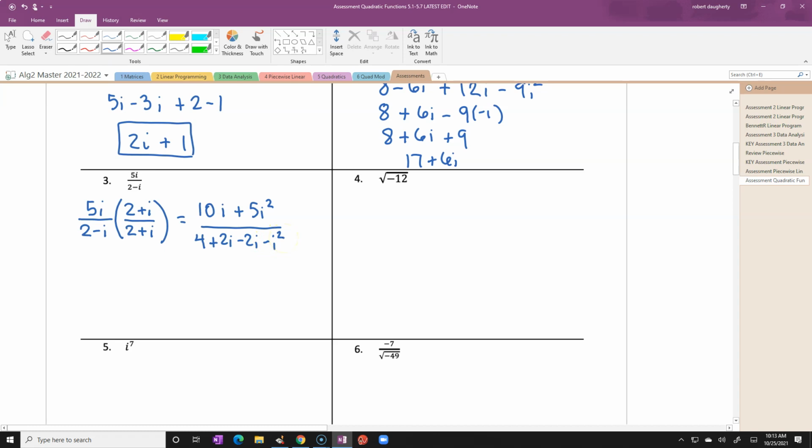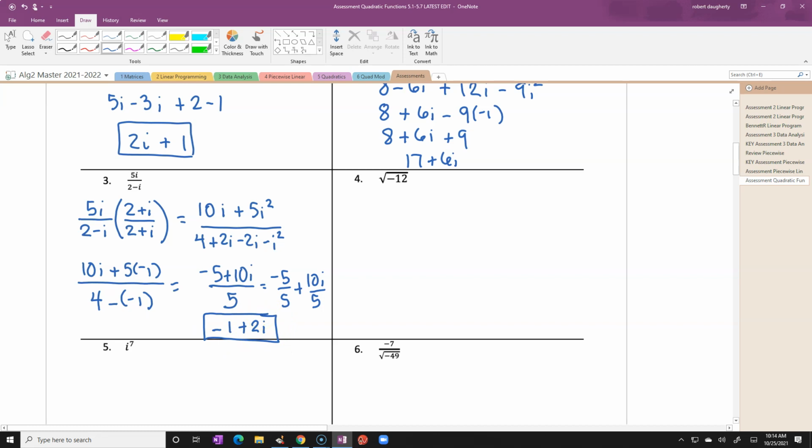And then all the i squareds are going to be replaced with negative 1. So this is 10i plus 5 times negative 1. On the bottom, you have 4 minus negative 1. So this is negative 5 plus 10i over 5, which is negative 5 over 5 plus 10i over 5. This final answer is minus 1 plus 2i.